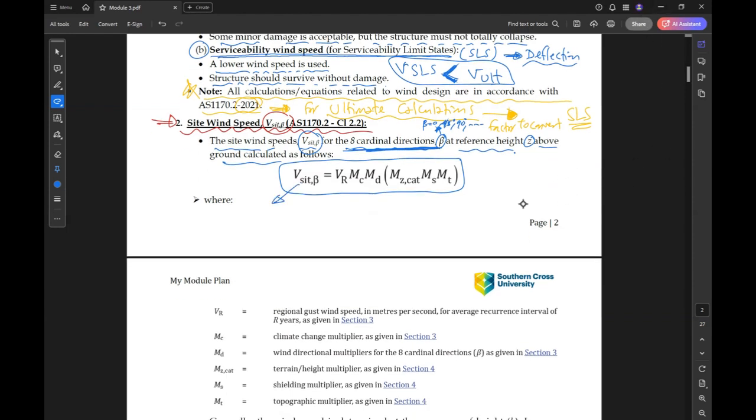So how many site wind speeds do we have, if you know? How many site wind speeds? 8 site wind speeds.